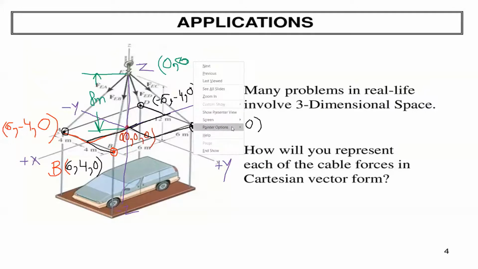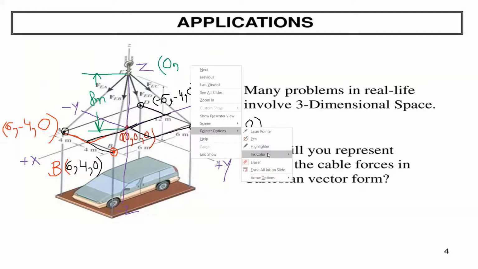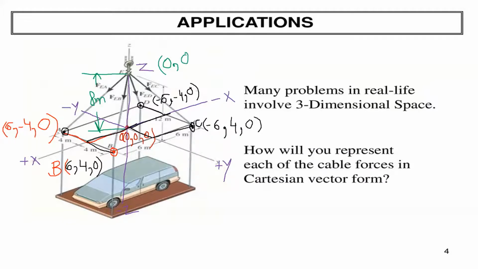Let me rub this out, I have created a mess. For example, this will be 0, comma 0, plus 8, because the point is raised above the origin, not below the origin. So it is positive 8. This is the way you should find out the coordinates.